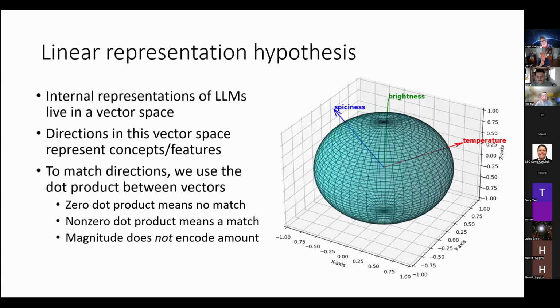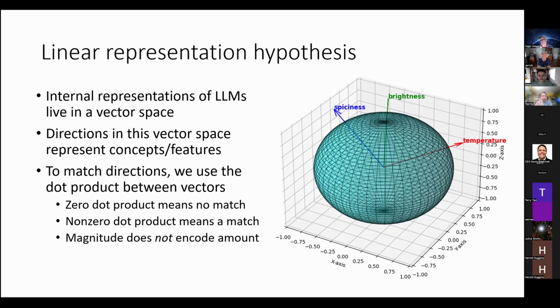So super briefly, the linear representation hypothesis says that the residual stream is a vector space, and that directions in this vector space represent concepts. If we have a 4,000 dimensional residual stream, using linear algebra you can represent 4,000 concepts in orthogonal directions and have perfect recoverability.